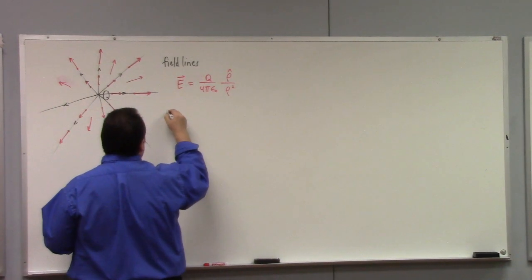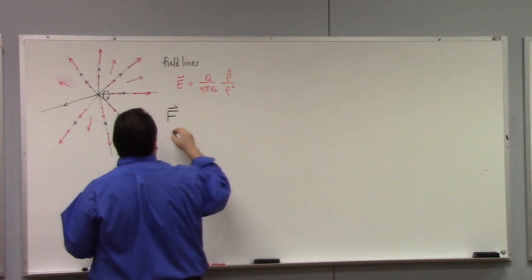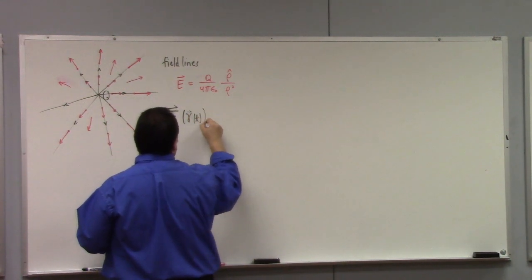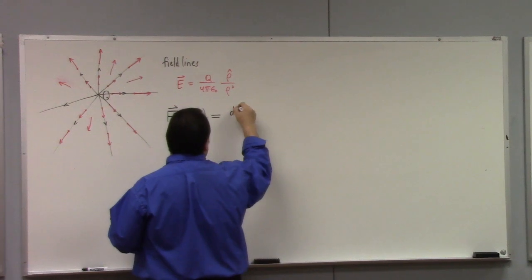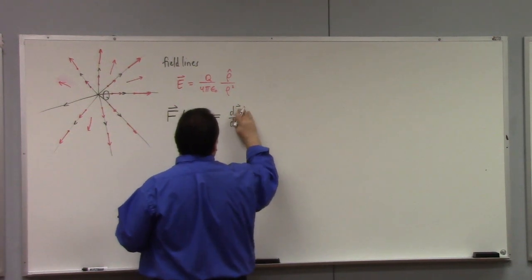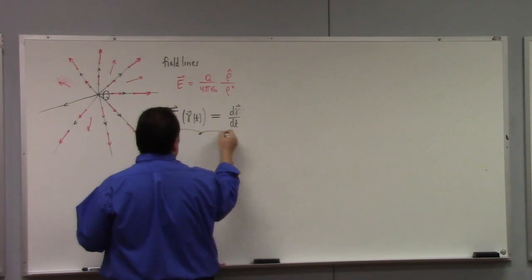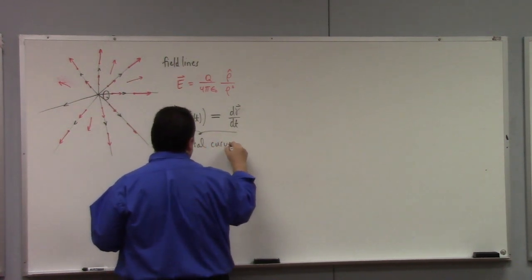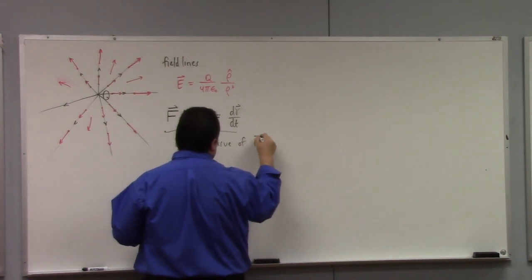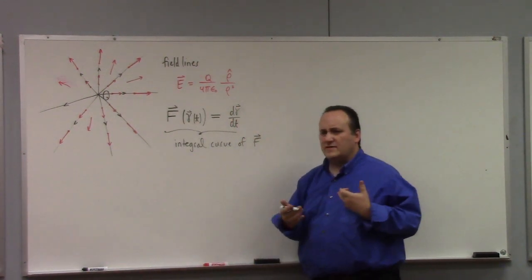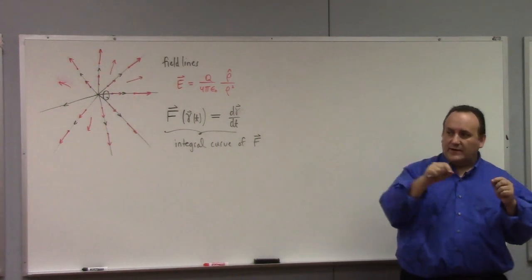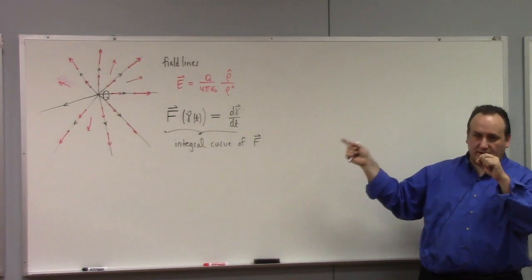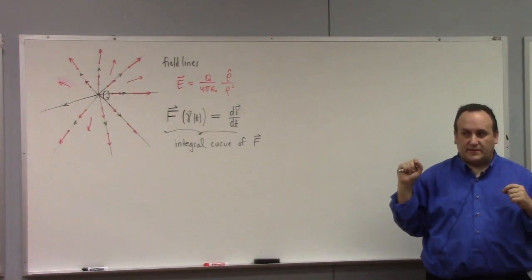If we have a vector field F, and we evaluate it on a curve, let's say gamma of t, and that is equal to d gamma dt, this makes it a so-called integral curve of the vector field F. In other words, it's a curve such that when you evaluate the vector field on the curve, the tangent field to the curve lines up with the vector field.